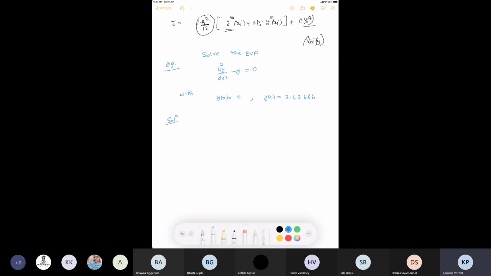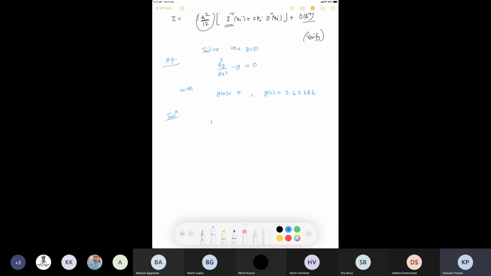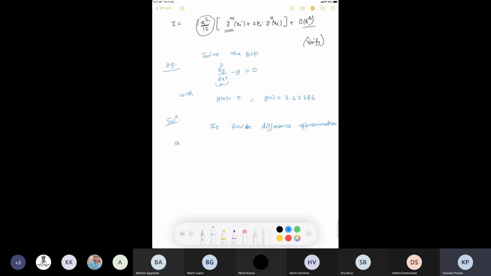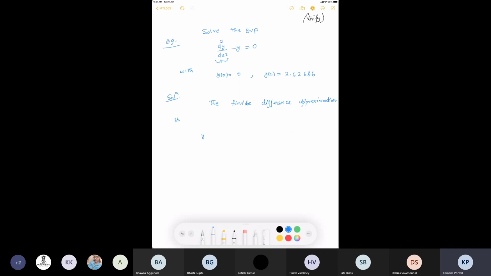So let's write down the finite difference scheme for this differential equation. The finite difference approximation: I'll be approximating y_{i+1} minus 2y_i plus y_{i-1} divided by h squared, and this minus y_i equals 0.